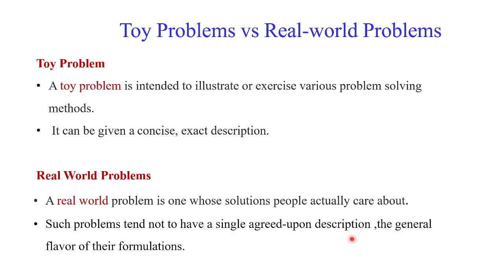They are very complex, messy, and there is a lot of ambiguity and uncertainty involved. So the key insight here is that toy problems serve as a training ground for real world AI. We develop and validate our algorithms on toy problems, and then we scale those techniques to real world applications.